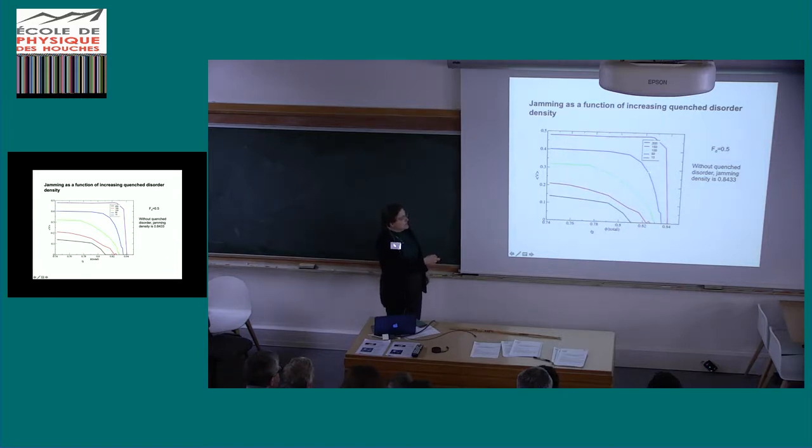As you increase the number of posts here, that's going this way, well, it's a bit harder to move initially, but the point at which the velocity plummets to 0 is indeed decreasing as we increase the number of posts. So this is what we were thinking. Yes, as there's this diverging length scale, as we add more posts and the distance between them gets smaller, we should be able to push this transition down. Yes?